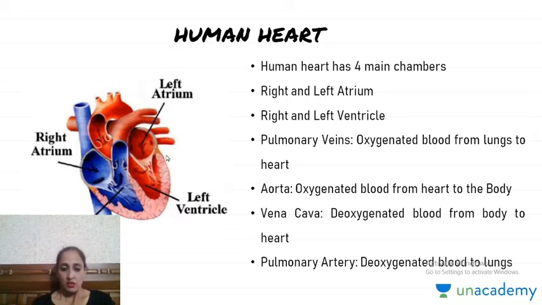Now you have to understand this point. Why do we need a heart? First of all, our body needs to transport different things, like the food we eat, the exchange of gases, the excretory material, the carbon dioxide, the waste gases and other toxic products from our body.